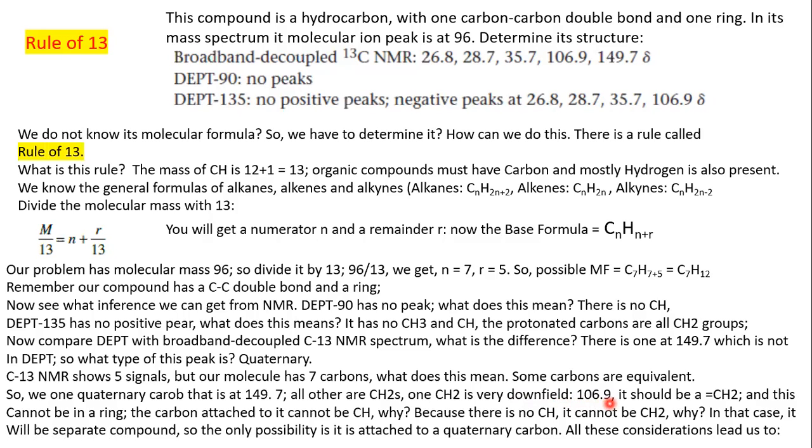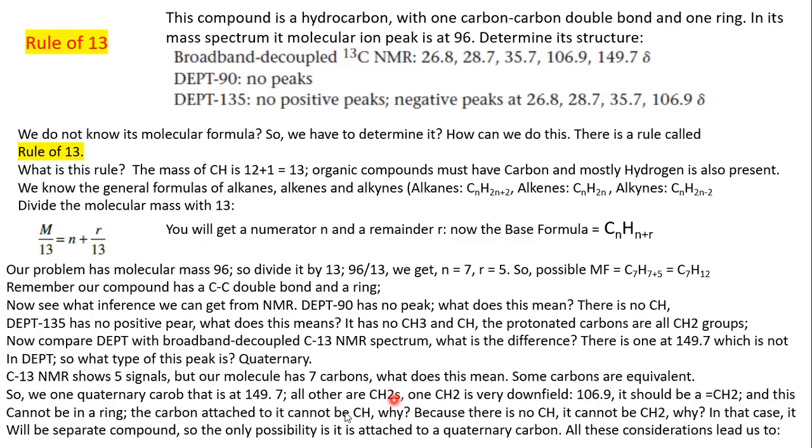Because our compound has a carbon-carbon double bond, and because we do not have any CH and CH3s, the only possibility is that this CH2 should be like this, a doubly bonded carbon CH2. This CH2 is very downfield, and this chemical shift shows that this is an alkene carbon having protons with it.